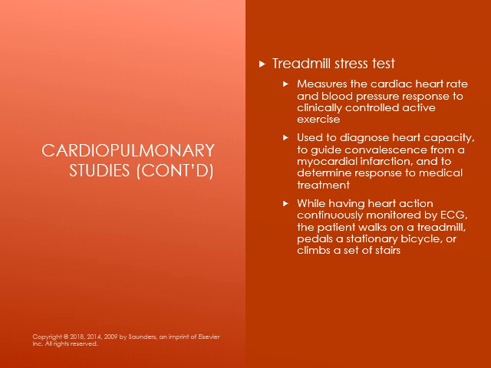It is used to diagnose heart capacity, to guide convalescence from a myocardial infarction, and to determine responses to medical treatment. While having heart actions continuously monitored by ECG, the patient walks on the treadmill, pedals a stationary bike, or climbs a set of stairs.